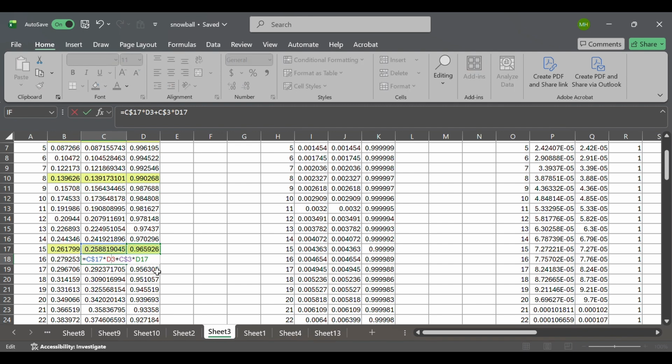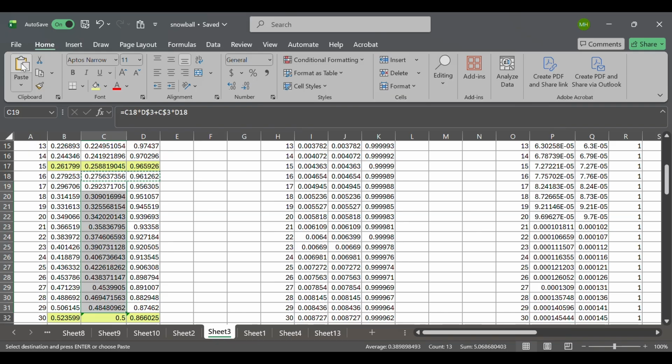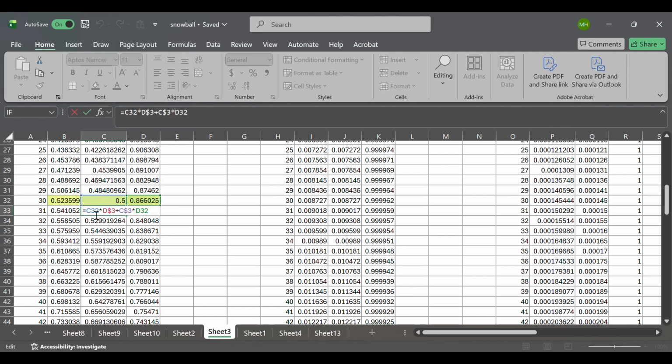Now we're going to fix the row corresponding to 15. That's in row number 17. We're going to put the dollar signs on the 17. And then finally we're going to fix the 30, which is in row 32.